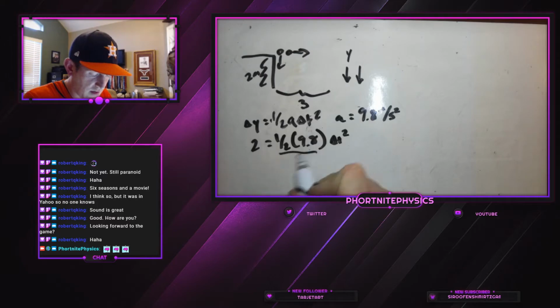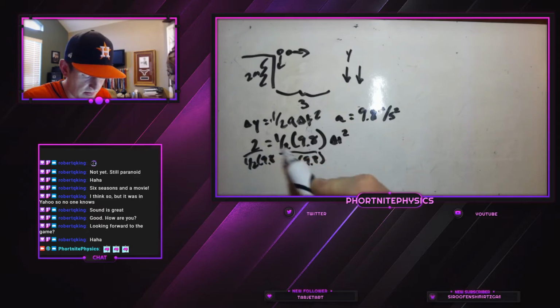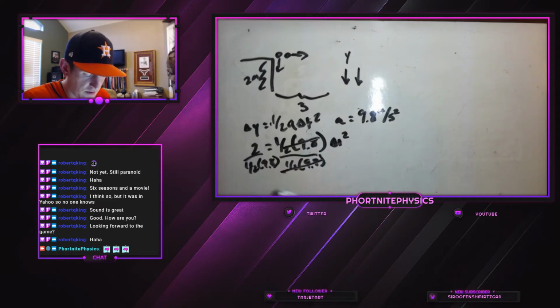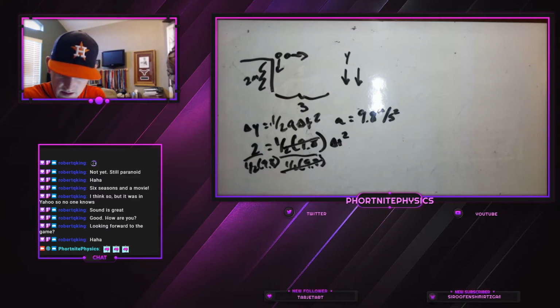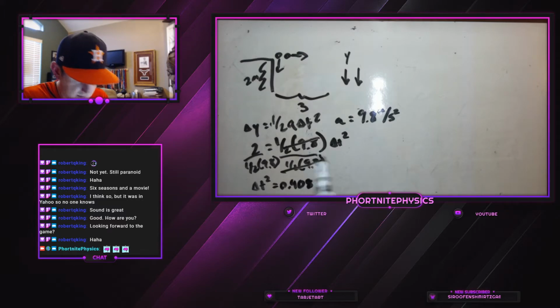So we can divide both sides by 1/2 times 9.8 and get rid of both. Over here we have 2 divided by 0.5 times 9.8, and that gives us a delta t squared of 0.408.